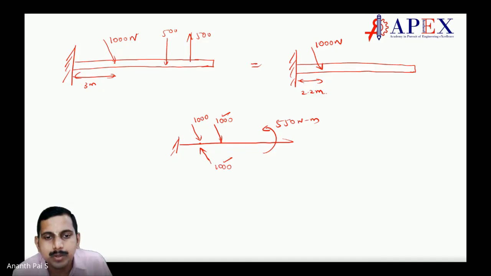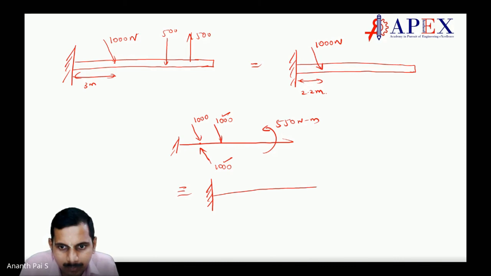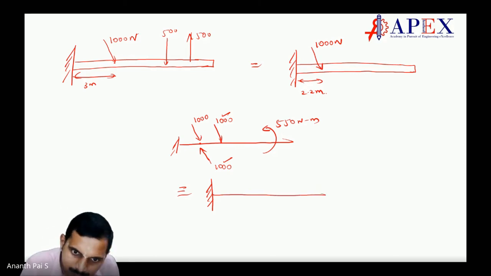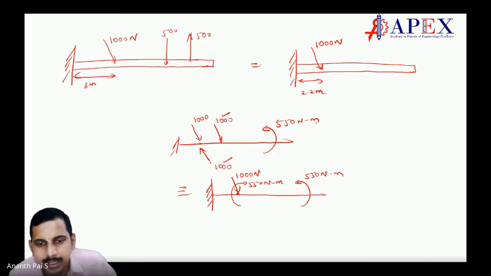What remains here? Now this can be equivalent, at this point, to 1000 Newton plus a 550 Newton meter here, and then you have 550 Newton meter here. Makes sense? These two cancel because free vectors can be moved anywhere, correct?